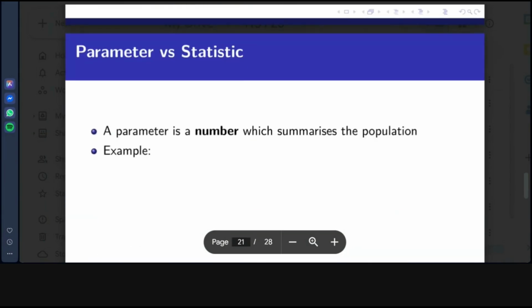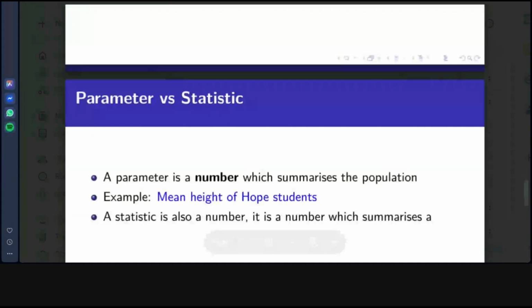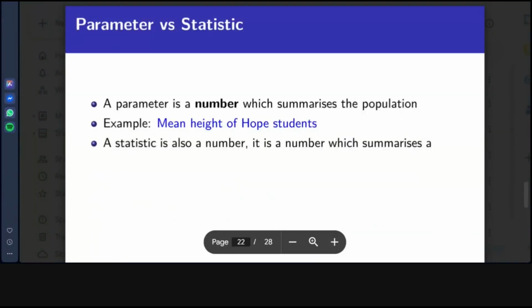What's a parameter? So a parameter is a number and it tells you something, it summarizes the population. For example, what's the mean height of Hope students? See, the mean height is a number. So I would say you need to distinguish between the parameter and the population. Learning statistics in English is a little bit easier because a lot of these mental alliterations work very well.